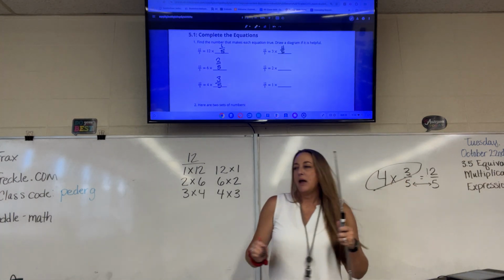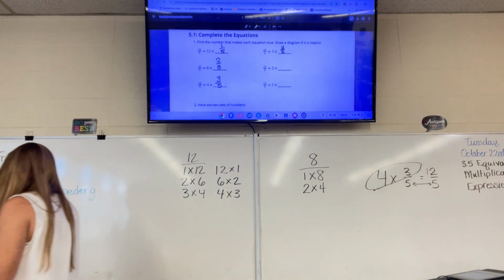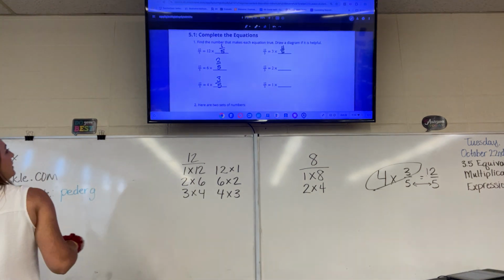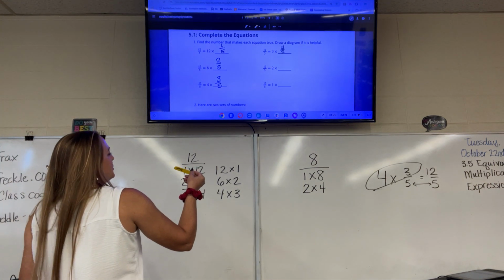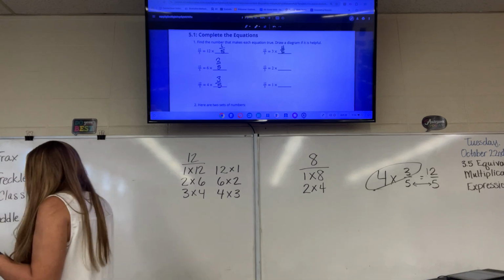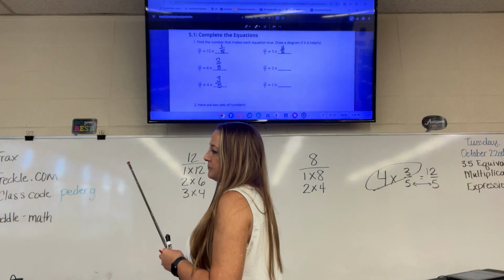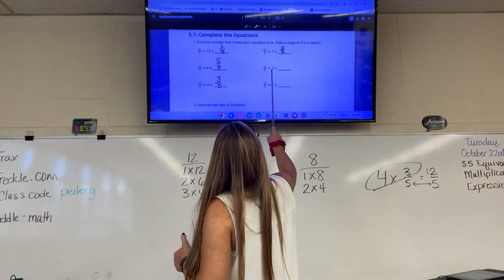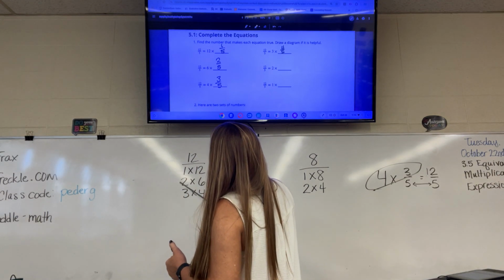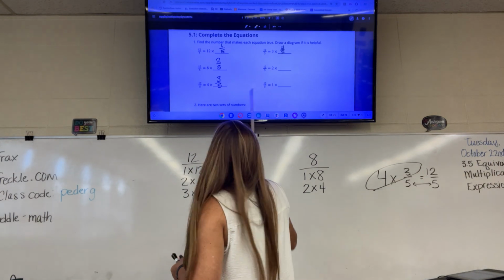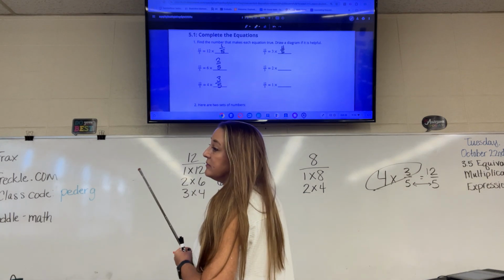Okay. On the next one, 12/5 equals 2 times what fraction, Cameron? 3/5. So what do you multiply 2 times to get 12? 2 times 6. 6. And so what goes? 6/5. Nice.